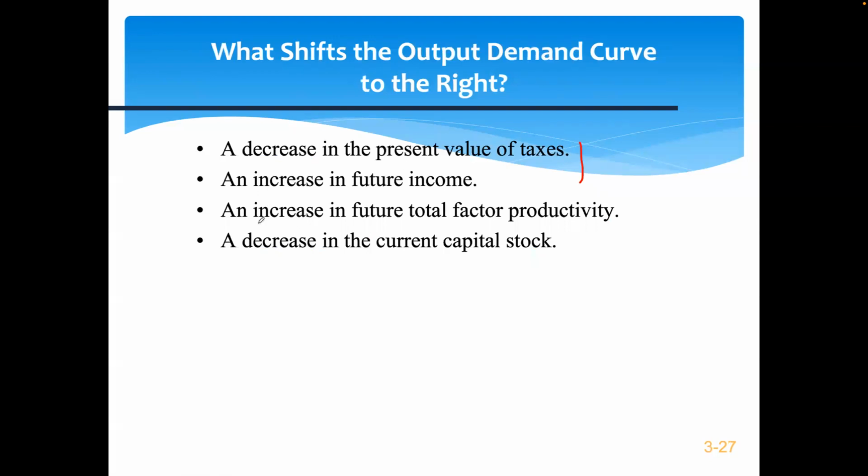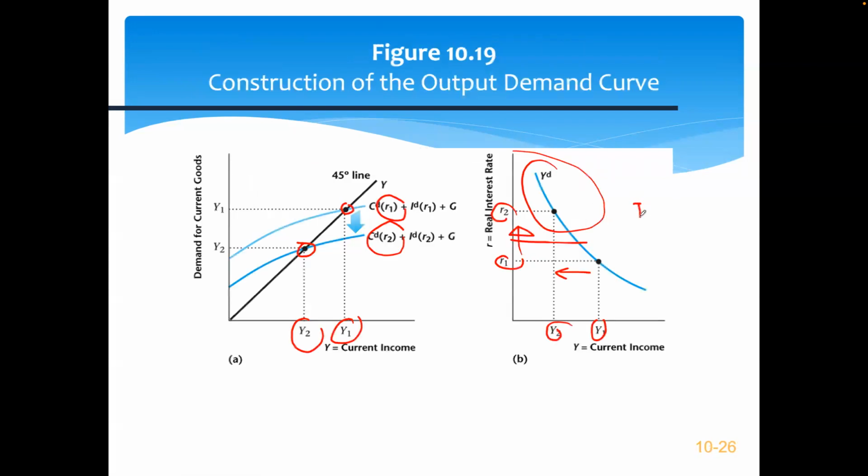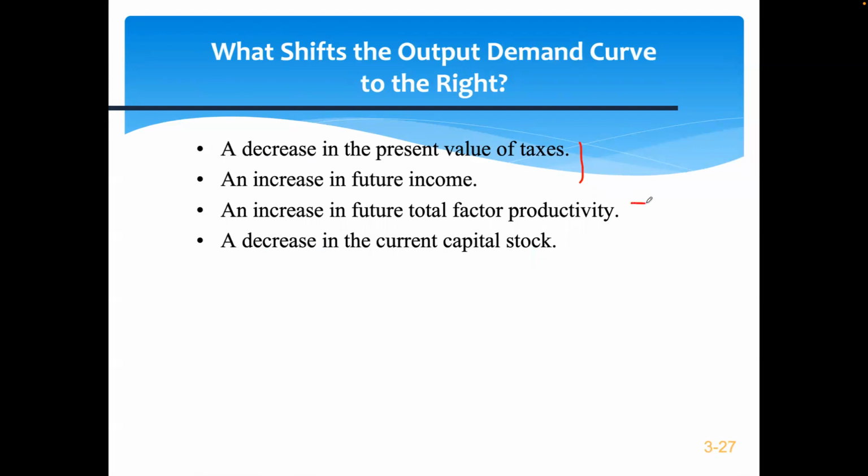Now the third factor, an increase in future TFP. That just means investment becomes more profitable, right? Why does investment become more profitable? Because by investing $1 for the firm, in the future it's going to bring me a lot of output, because of the TFP increase. Why do I invest?